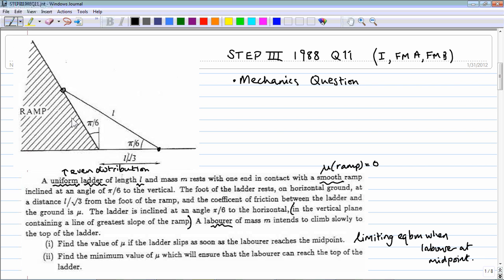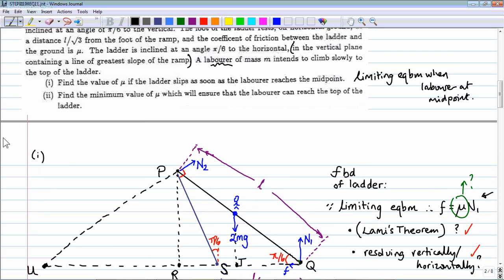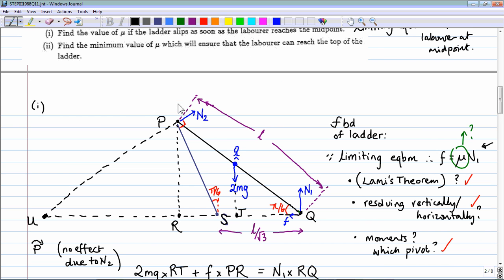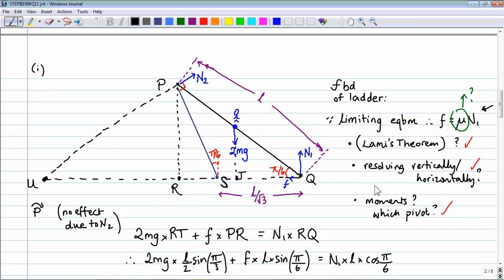I have noticed on occasion that questions of this type, involving simply resolving forces and taking moments, can sometimes be answered very quickly and simply, as long as you do your modelling correctly. So the stages are: you make a diagram showing the forces on the relevant object or objects, there might be 2, and you make a choice about basically one of these 3 methods or some combination.